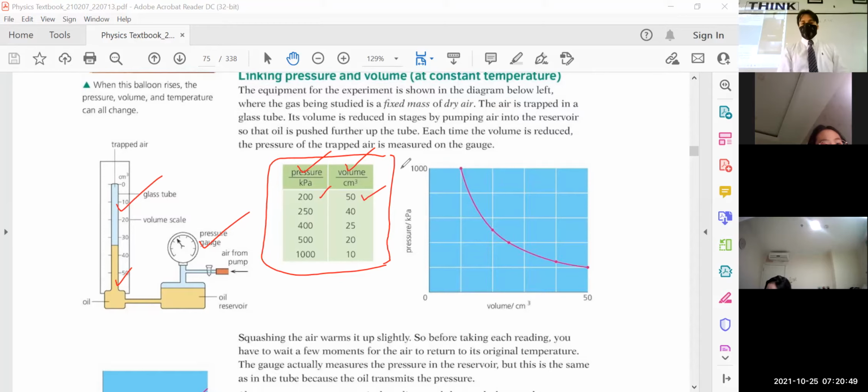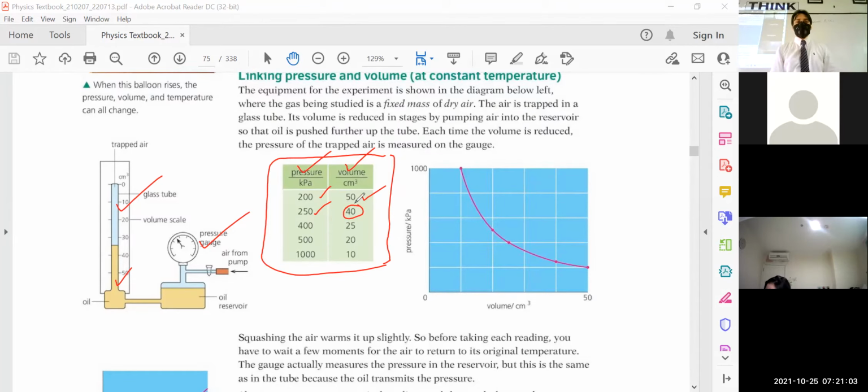Then at the next point, they increased the pressure by 50 kilopascals. And now you can see the effect on the volume. The volume is now not 50, it's not 60, but it has decreased from its initial volume.